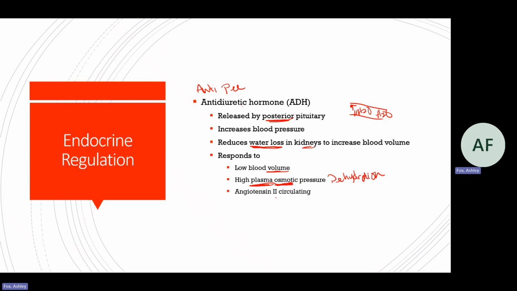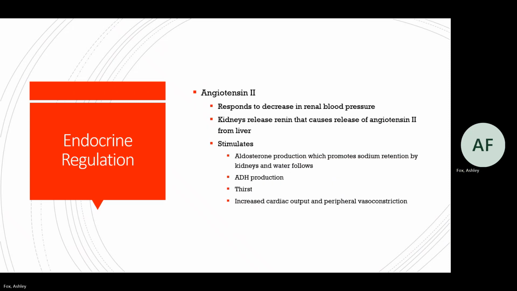And then angiotensin 2 is another hormone. Angiotensin 2 is going to be specifically released secondary to the kidneys. So if the kidneys detect low blood pressure, they're going to release a hormone called renin.